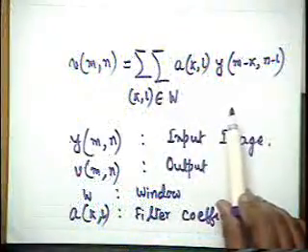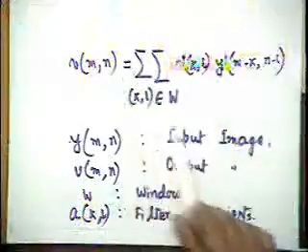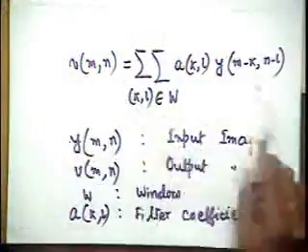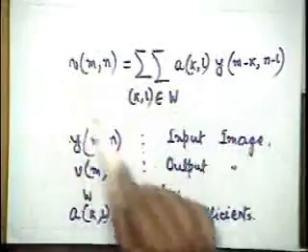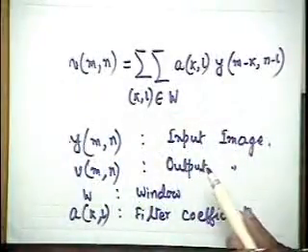What we are basically doing in this particular equation, the physical interpretation of this equation, is that we are doing a weighted summation over the window W, and by performing this weighted summation, I am computing the intensity value of the processed image at a point m, n. So since it is a weighted summation, I am doing some kind of a spatial averaging.